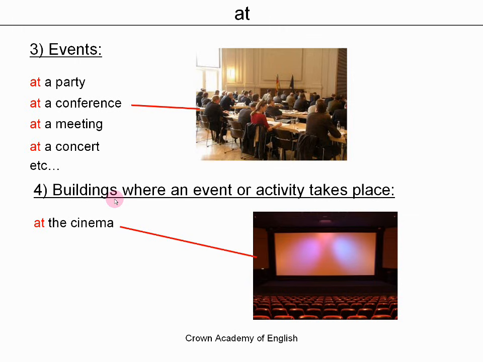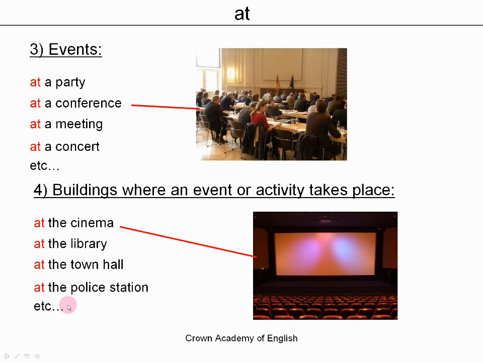So we can say, for example, Andrew is at the cinema, or at the library, at the town hall, at the police station, etc. So these are buildings in which there is an event or activity, and so we use the word at.